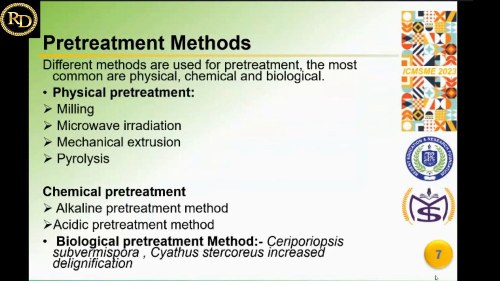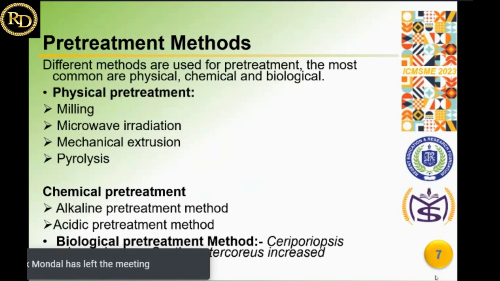Also, not so commonly, inhibitory compounds like furfurals are produced when we use acidic pretreatment. Most of these pretreatments are done on bagasse, rice straw, and similar biomass which have a high quantity of lignocellulosic and hemicellulosic compounds.